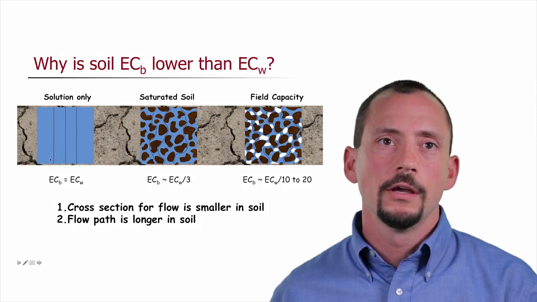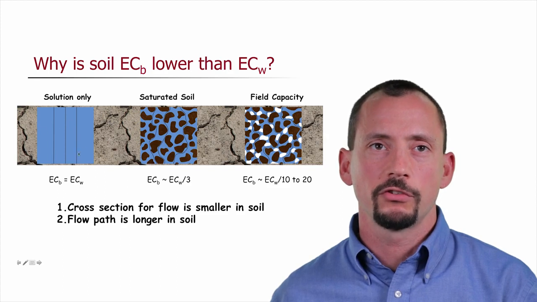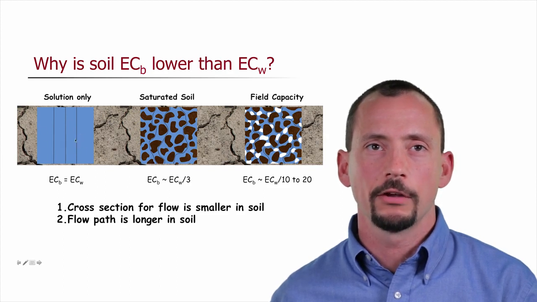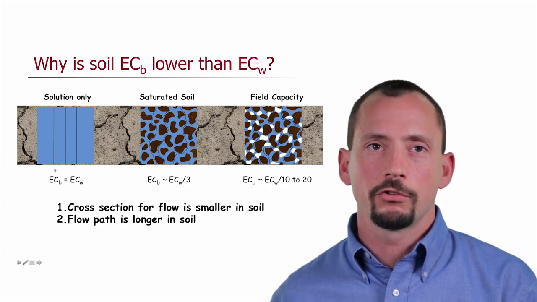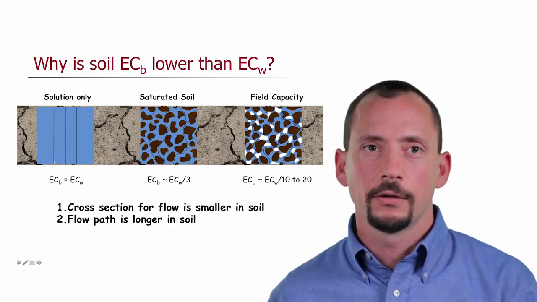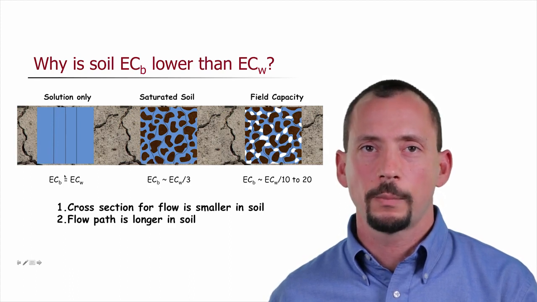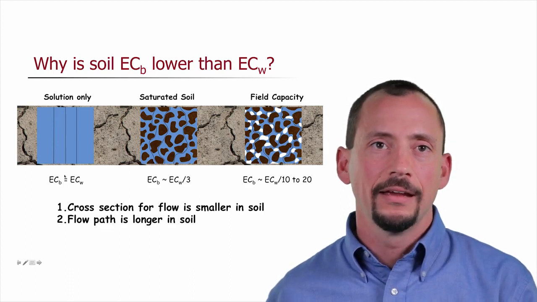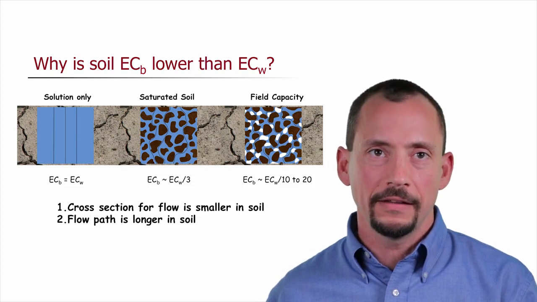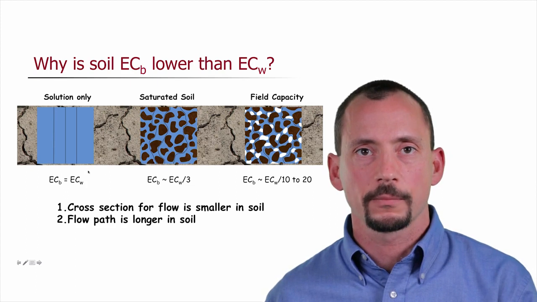If you look at the graph on the left, this is just solution. This is just water. This is what we were originally measuring. In that solution where there's no soil or air present, the electrons can travel directly through that solution via the shortest possible path, and in that case the bulk EC is the soil water EC, of course.